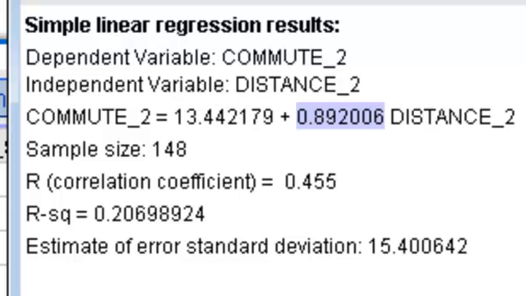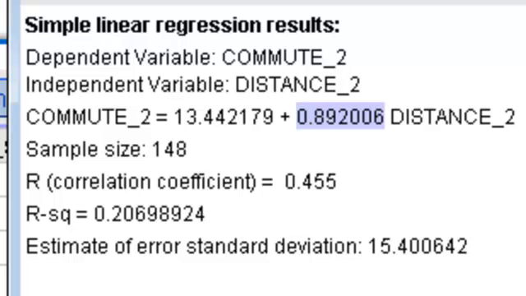So in our model, we can say that for each 1 mile increase in distance traveled, remember that's the x variable, the average commute time is predicted to increase by 0.89 minutes. So one more time. For each 1 mile increase in distance traveled, the average commute time is predicted to increase by 0.89 minutes.